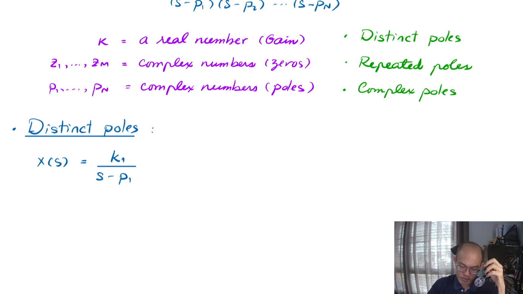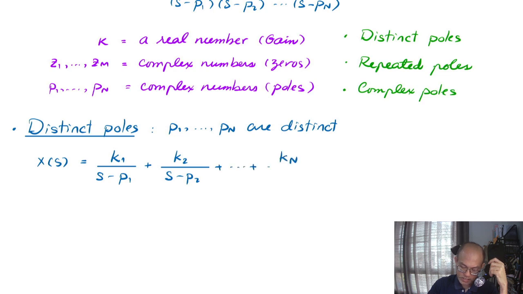By distinct poles, I mean p1 through pn are not the same. Not two are identical, so they are all distinct. So when all the poles are distinct, I can write X(s) in the following form: plus K2 divided by (s minus p2) plus blah blah blah all the way through Kn divided by (s minus pn).